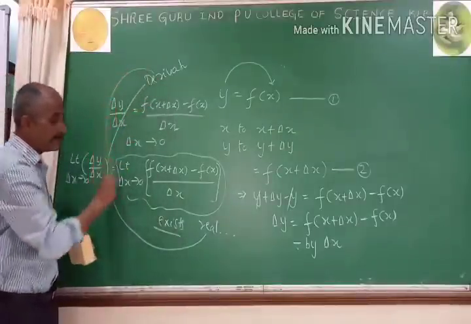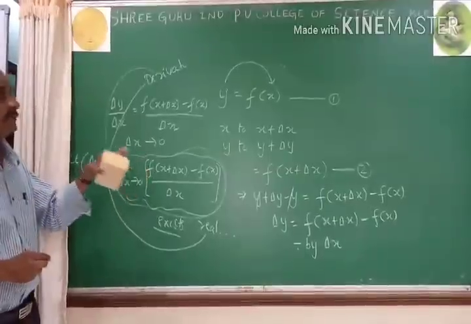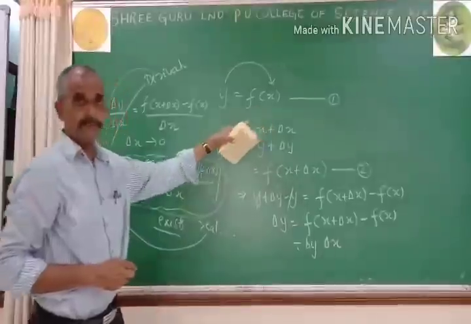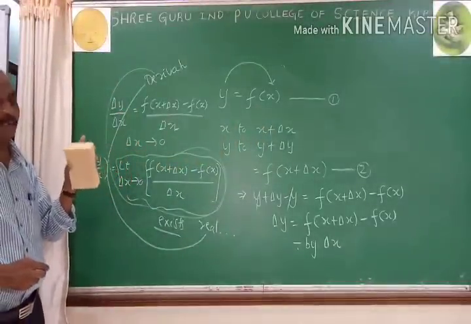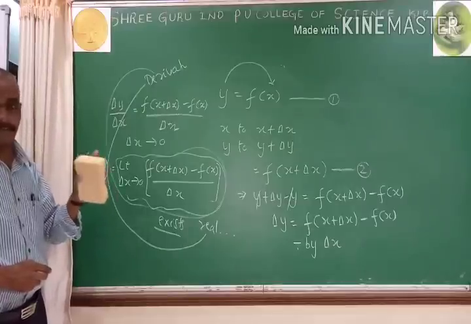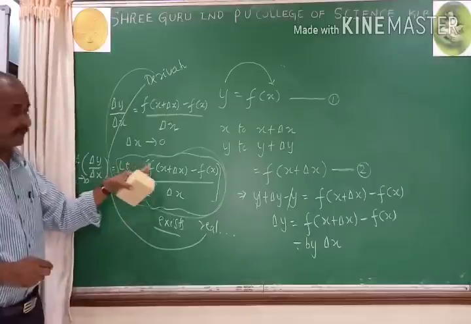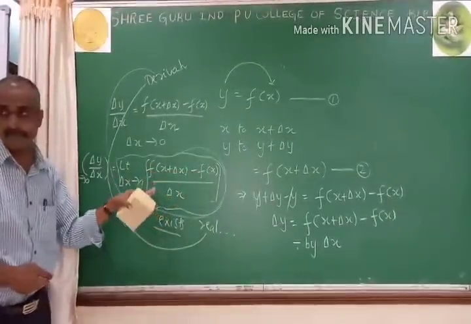Derivative means the limit of all this quantity, whereas the process of finding the derivative of a given function y equal to f of x is called differentiation. So differentiation is a process of finding the derivative, whereas derivative is nothing but the value of the limit of f of x plus delta x minus f of x divided by delta x.